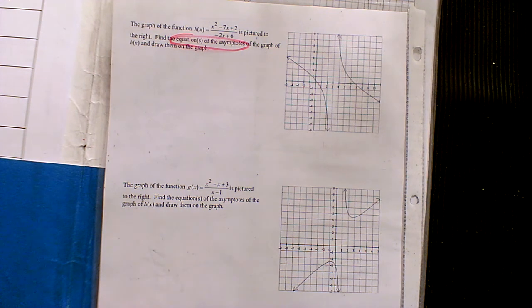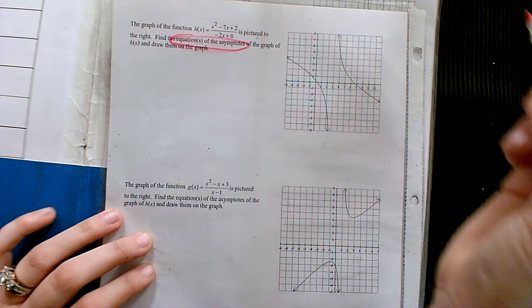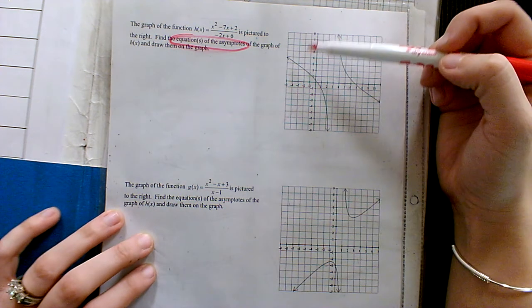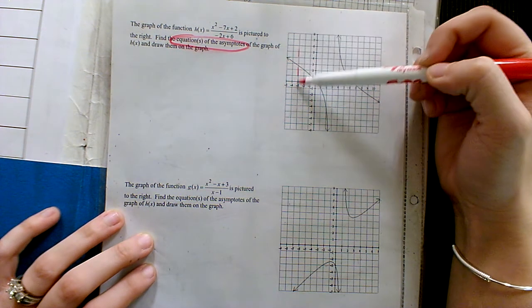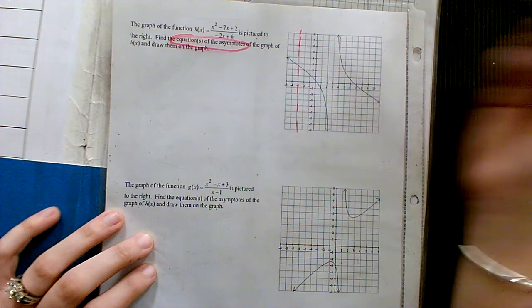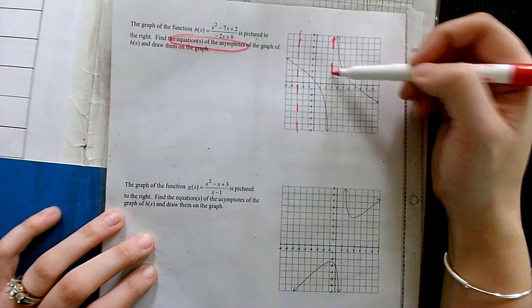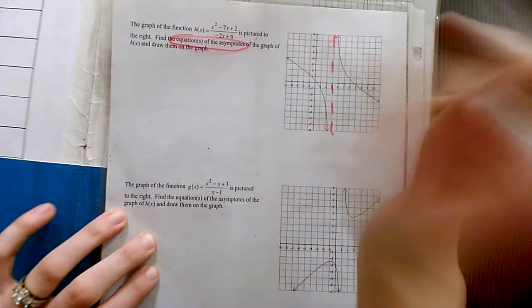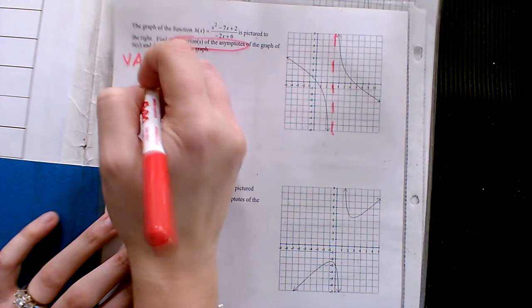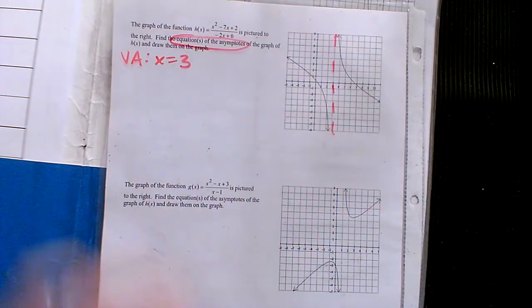Can we find an imaginary dotted line somewhere? Good, Lainey? -3? Somewhere right here? +3. Okay, there we go. I like that one. So that's a vertical asymptote, x equals 3.